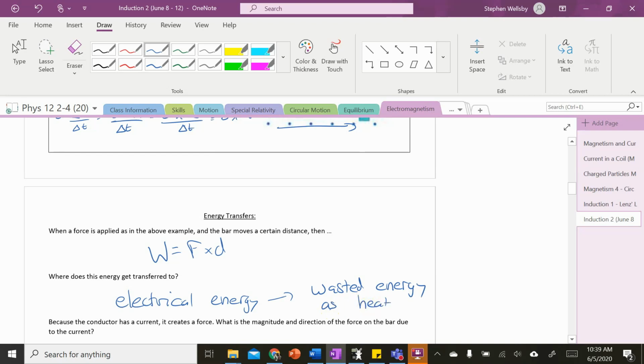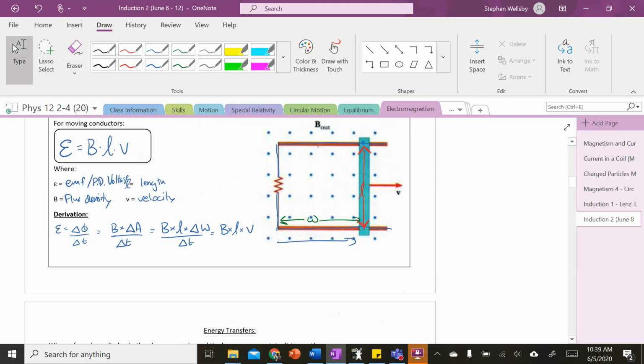Now, here's the counterintuitive part. The conductor now has a current. So if we look in this direction here of this bar, what's going to be the direction of the current? Well, we can use, again, our right-hand rule. If the individual positive charge is here, so this positive charge here is moving to the right, the field strength is coming out of the page, so my index finger is to the right, my three fingers are pointing out of the page, so my thumb is going to be down.